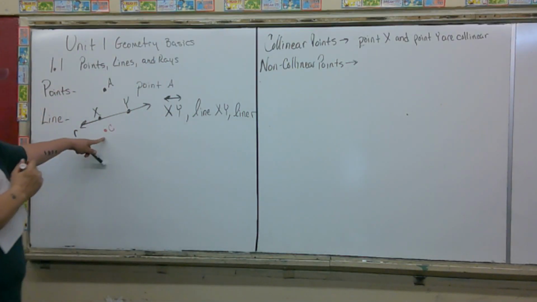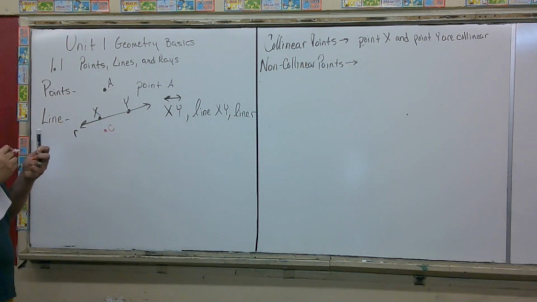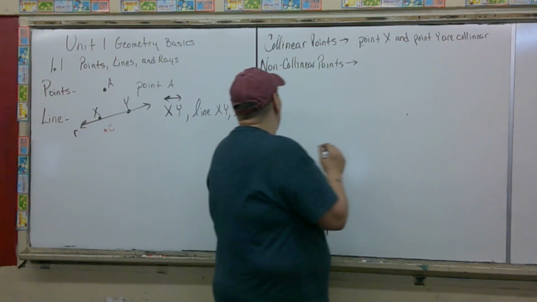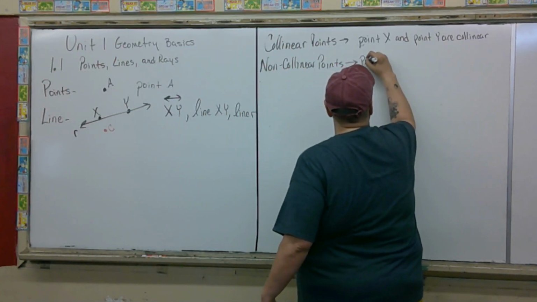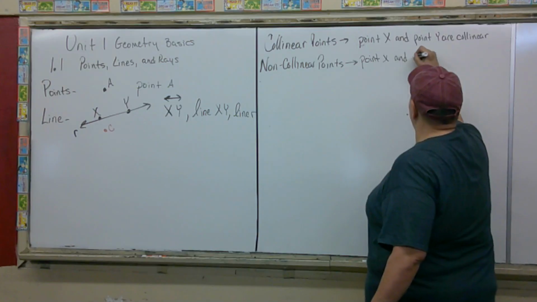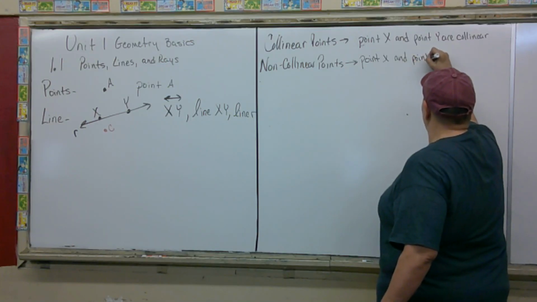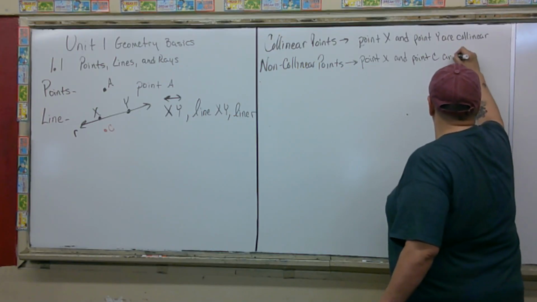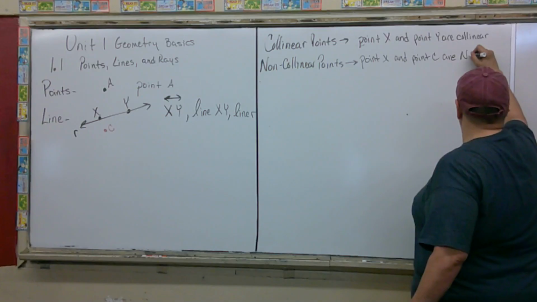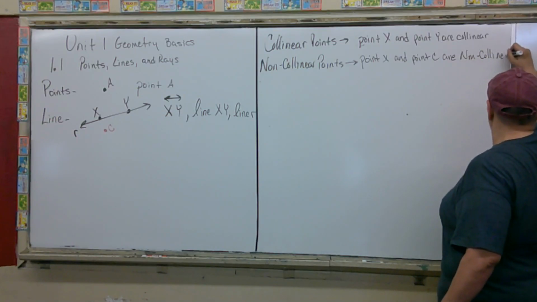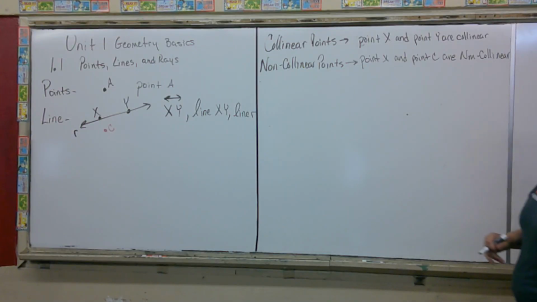A point that is not on the line. So point X and point C are non-collinear. They are non-collinear.